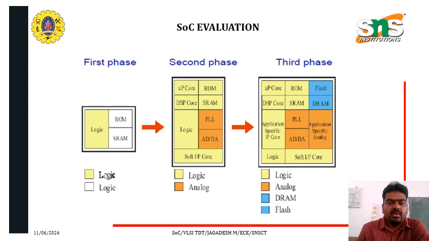Here, the system on chip is evaluated in three phases. The first phase: logic, that is ROM and SRAM. The second phase: ROM, SRAM, PLL, AD, and DA, that is analog to digital and digital to analog converters. And the third phase: PLL, AD, and DA, application specific analog. So this is the evolution of SoC.